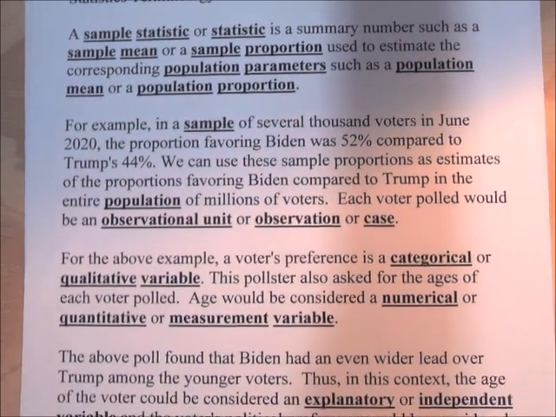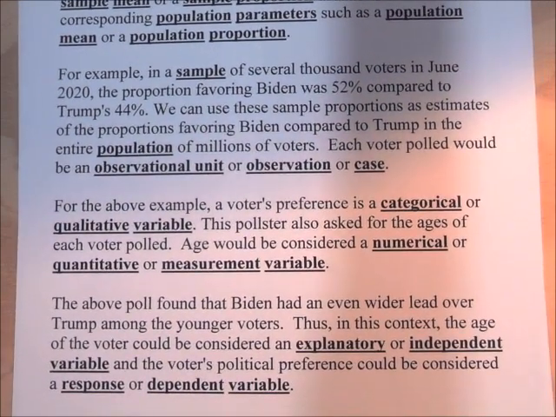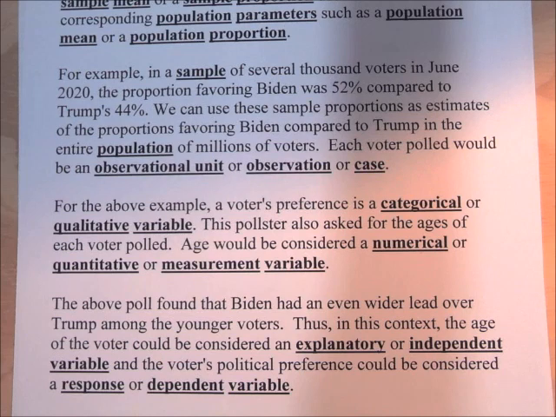The above poll found that Biden had an even wider lead over Trump among younger voters. So in this context, the age of the voter can be considered an explanatory variable or an independent variable, because the age happens no matter what. It's not going to be affected by something, but it could affect another variable.